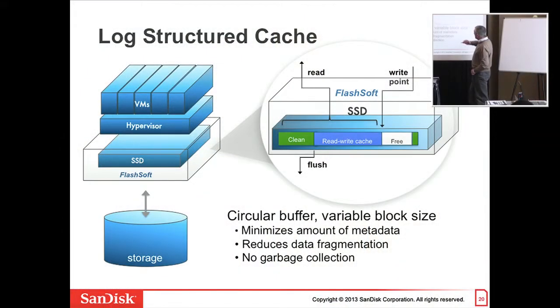And based on this design as a circular buffer, writing variable block size, we minimize fragmentation for sure. We minimize the amount of metadata. When we write on SSD, we write just one piece of metadata that describes, let's say, the whole megabyte that we're writing, and that's it.